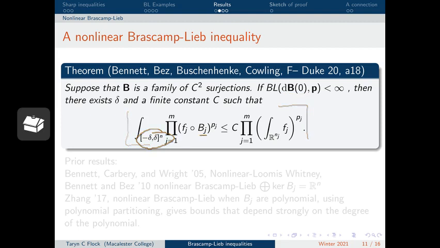First, we've composed with these nonlinear maps, but secondly, we've restricted our attention here to a local neighborhood. Where the linear Brascamp-Lieb inequality was global, this inequality is only giving us something local. Though in a compact setting, you can piece these local versions together to get an inequality on the compact region.